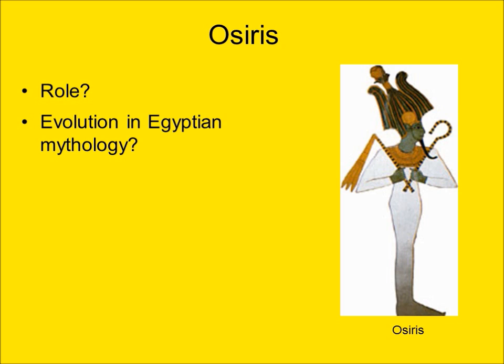Initially, Osiris was more of a local god in the Nile Delta region. Gradually became a regional god, and then eventually became an important sort of national god. In death, the pharaoh became Osiris.